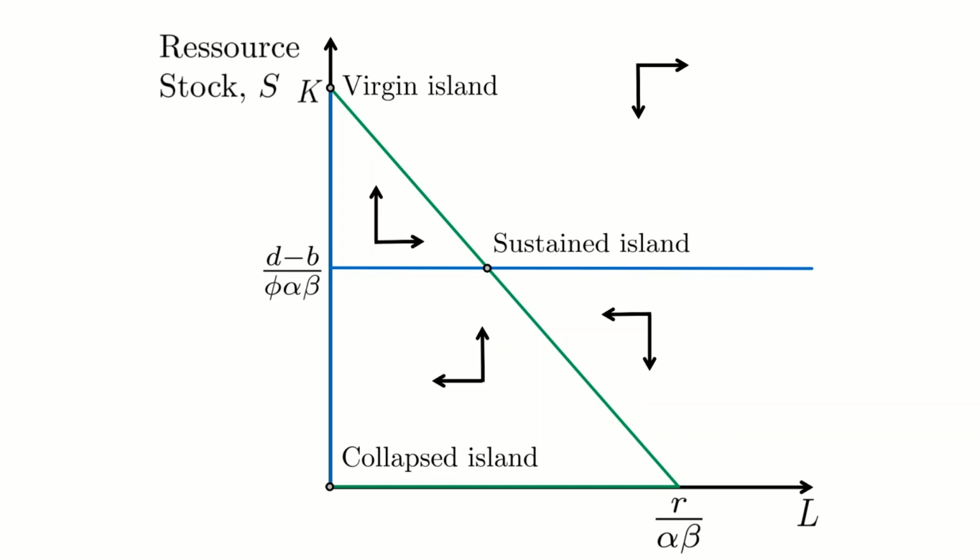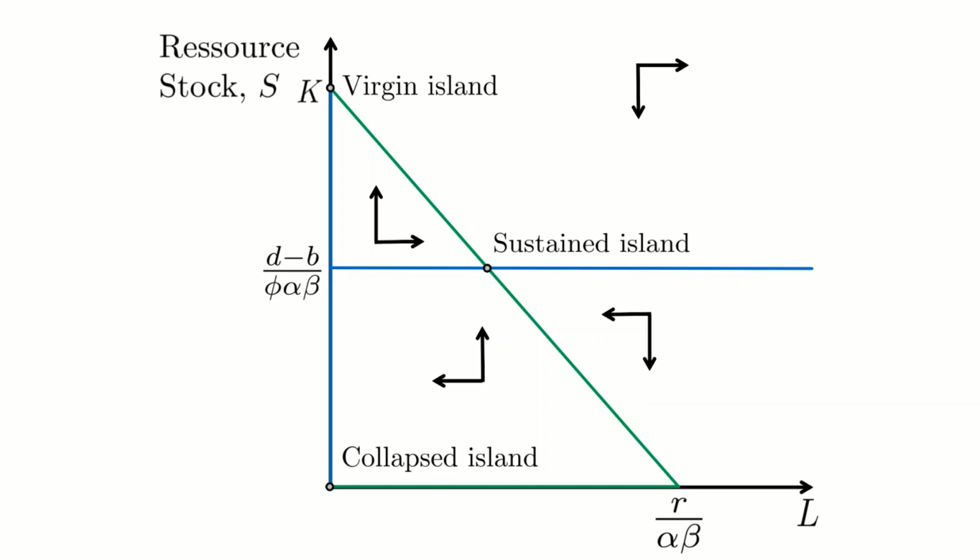One of them may be called the collapsed island, in which both resource stock and population stock are 0, and obviously no growth is possible. A second one may be called the virgin island. Here the nature stock is at carrying capacity K, but no human has yet settled on the island. With no humans to start exploiting, the resource just stays at K.